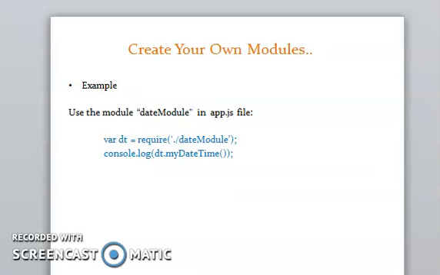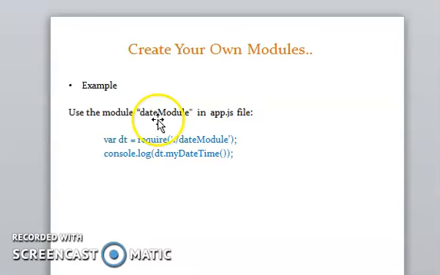Now how will I take this to my app.js, because normally what I run is app.js. In app.js, I am using a variable dt, which is actually an object variable. I have explained that for getting these properties in your main file.